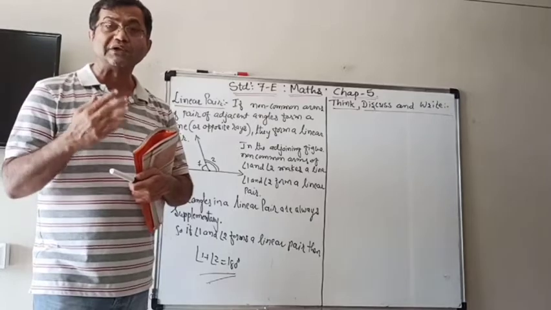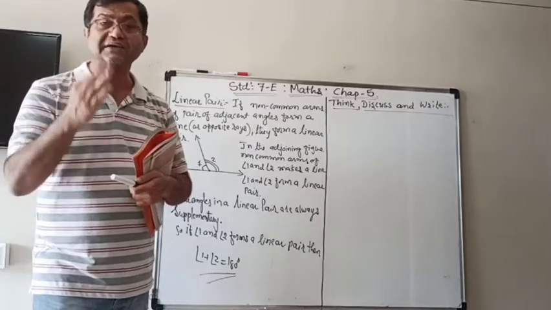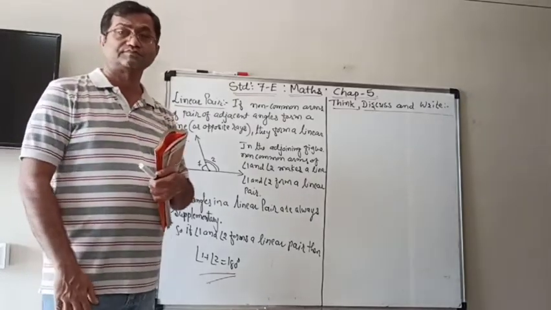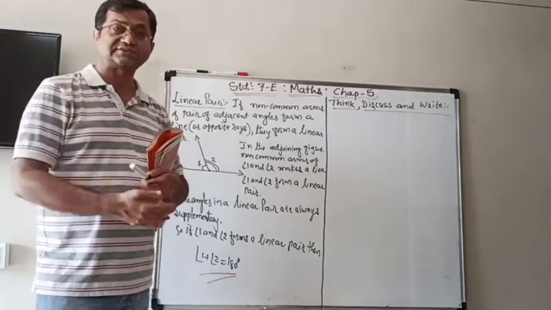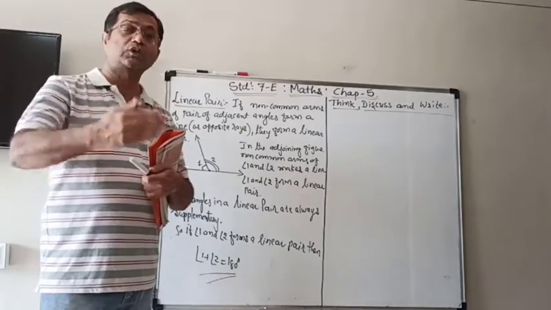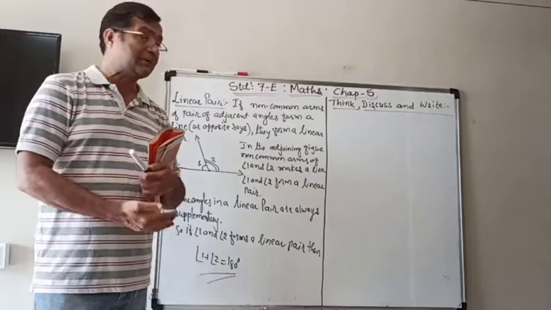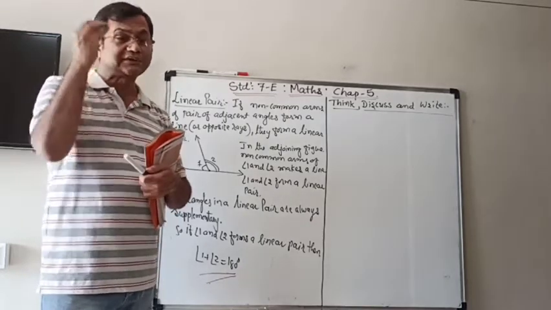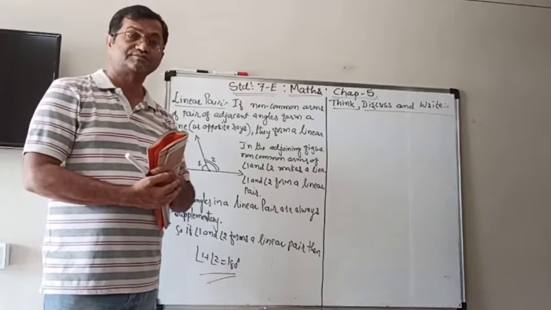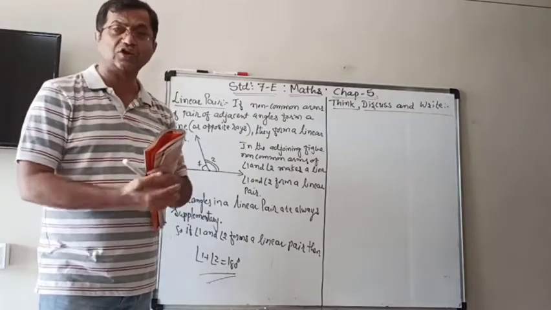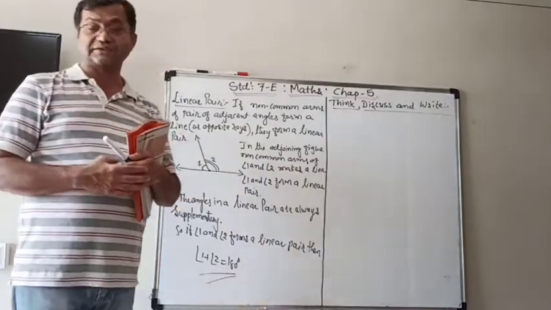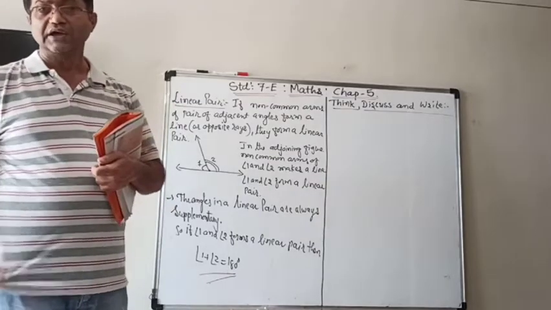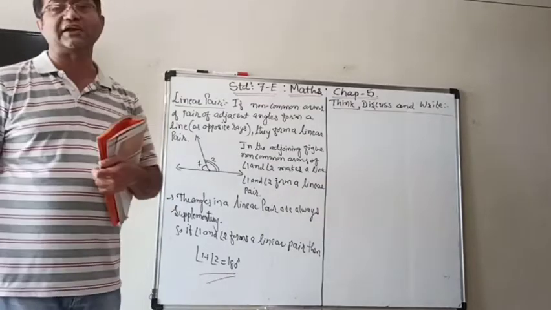All will be repeated again in standard 9th also, with more details, more deeply you have to learn. But these are the basic things. So you have to keep these things in mind. It will be useful in the 8th standard also, and in the 9th standard also, this will be very, very useful.